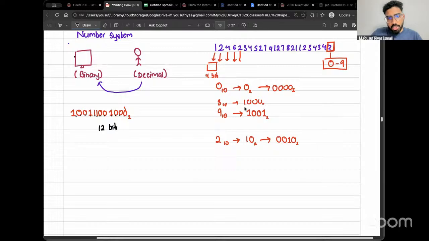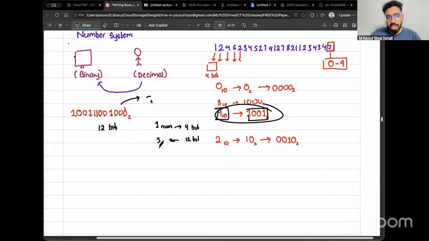Using this idea, to represent one number we're using 4 bits. So if you have 12 bits, it has to be 3 digits. So if I convert this number to decimal, I'll have a 3-digit decimal number.